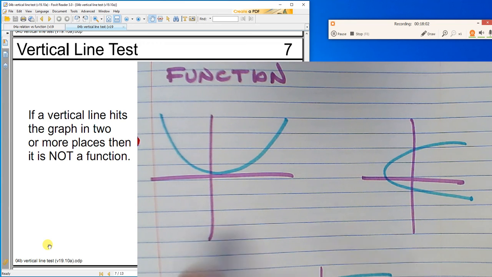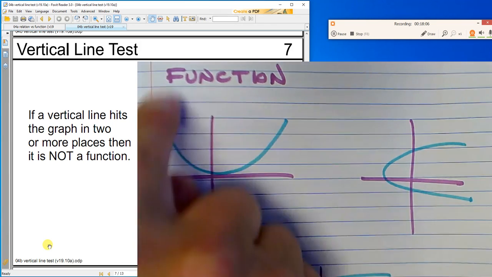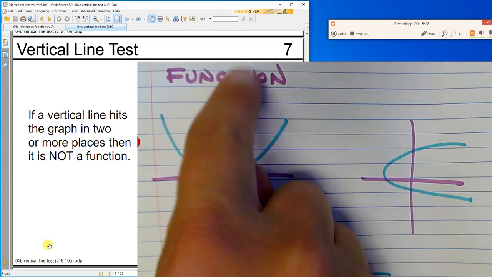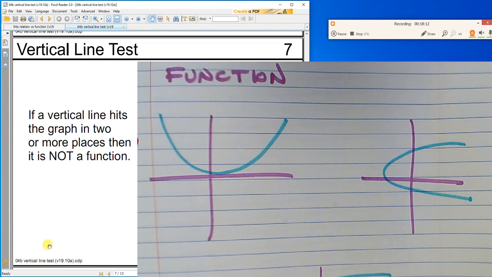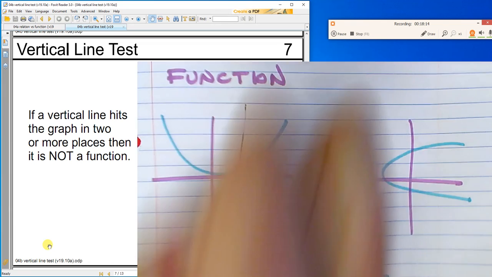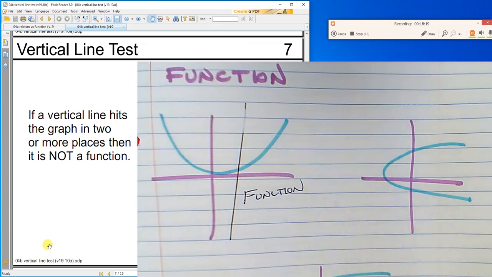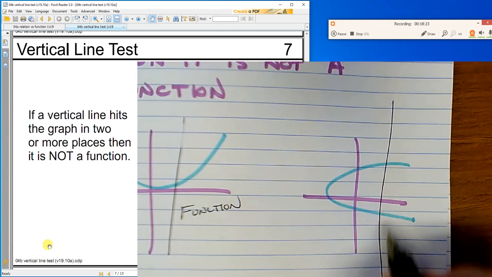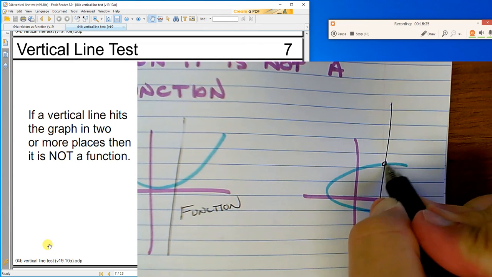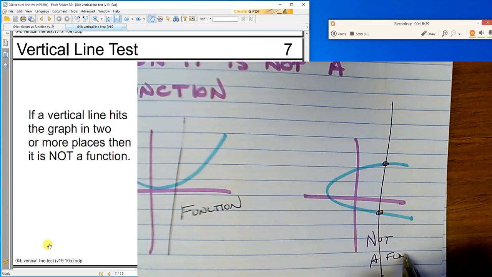So what I do is I draw a vertical line. Ready? Boom, vertical line. Hit it in one spot. One spot, one spot, one spot, one spot, one spot, one spot, one spot. This is a function. Vertical line, ready? Boom. 2 spots. Not a function.